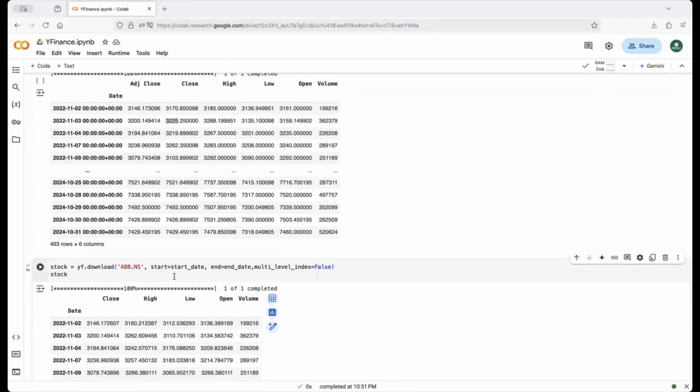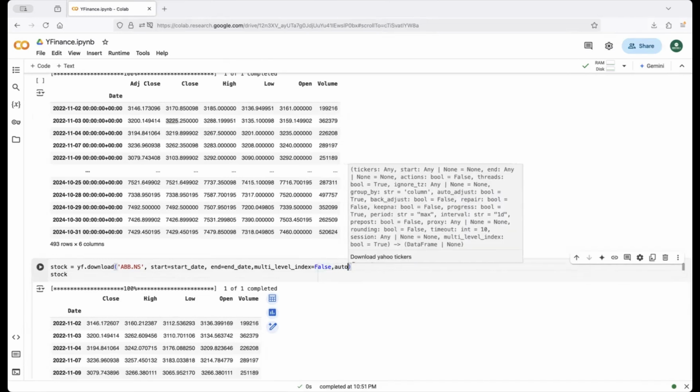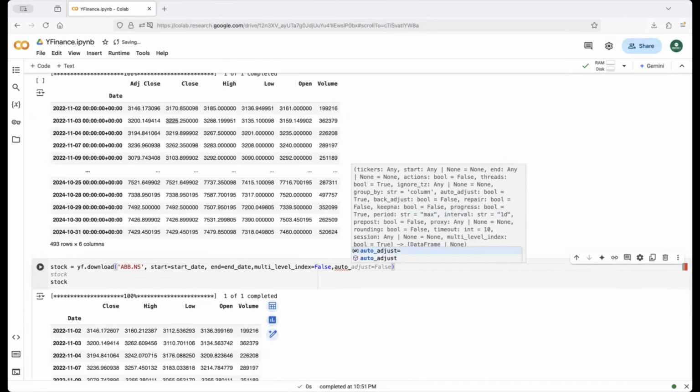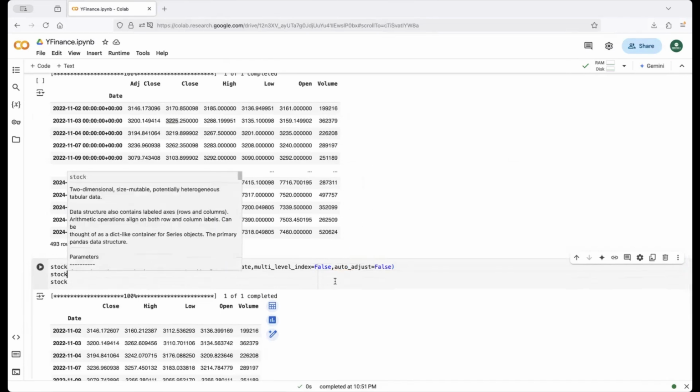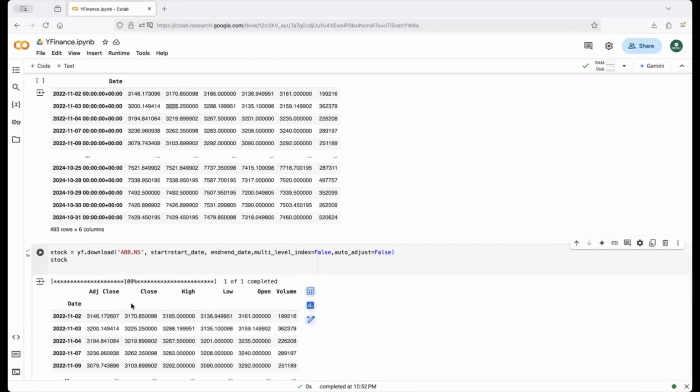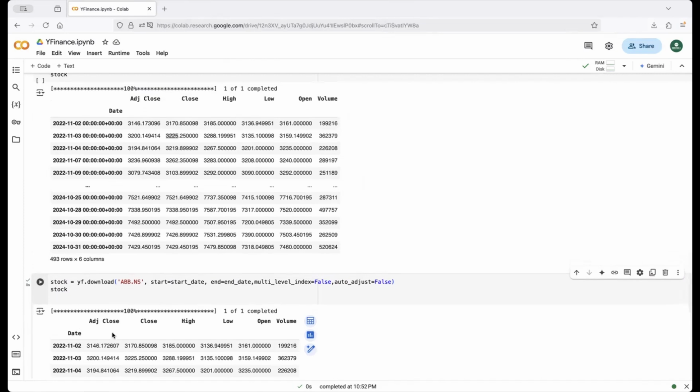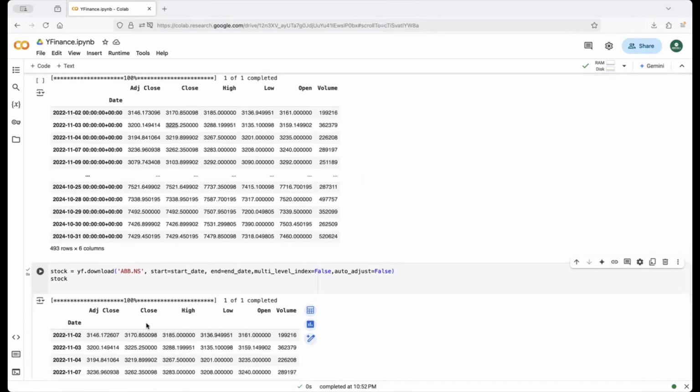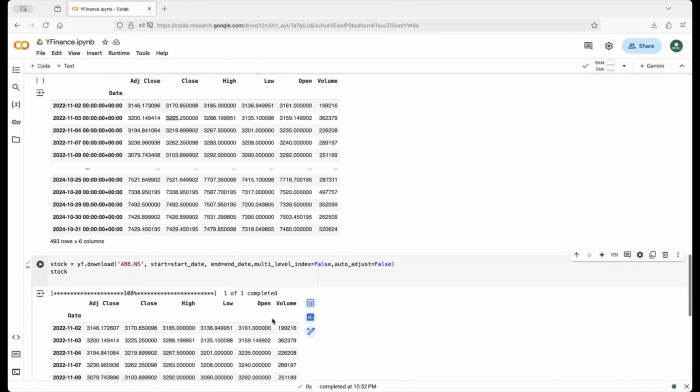So if you really wanted the close price and not just the adjusted close price, there's another option that you need to add to this, which is called auto_adjust equal to false. When you run this, you will then see what you were seeing earlier: you will also see the adjusted close price, the close price as well, and high, low, and volume.